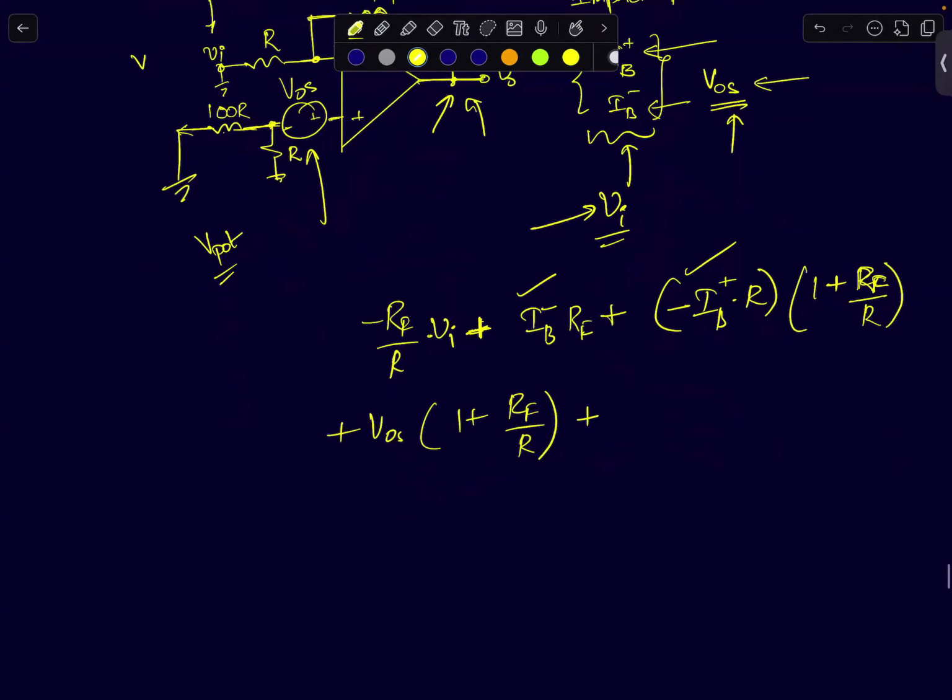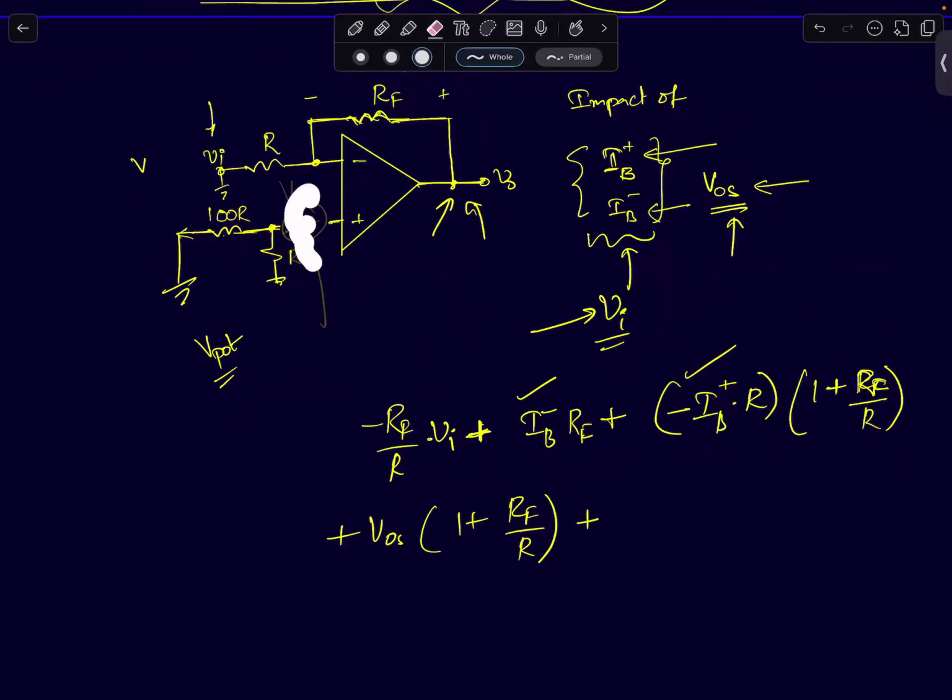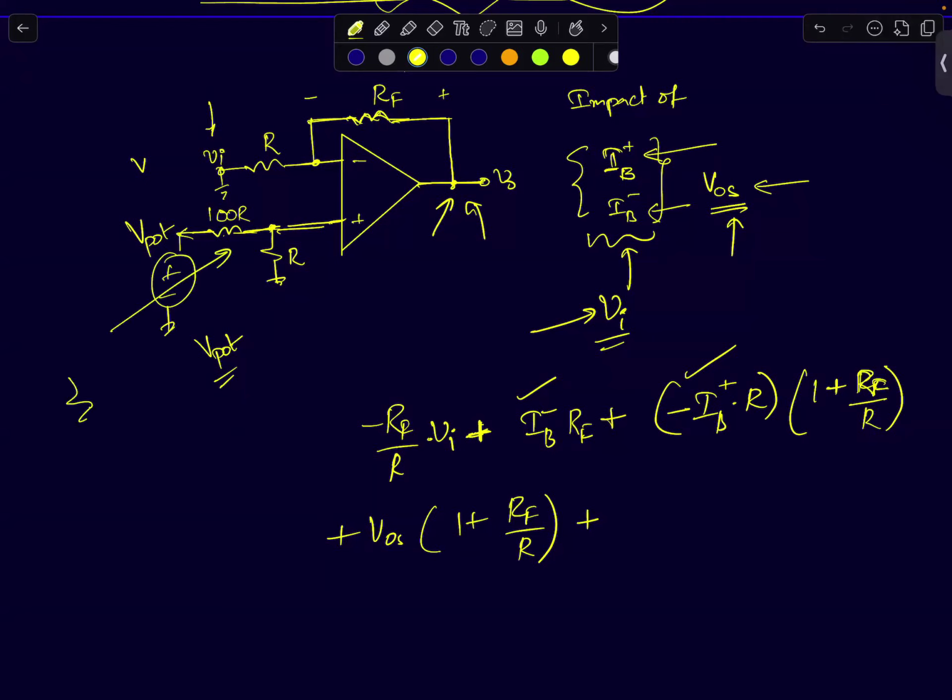Finally, let's include V pot, that is, the potentiometer voltage. So I'm only showing this as V pot now, which is a variable voltage source. Okay, V pot can be treated as a variable voltage source, which you will vary using a potentiometer, with the 3 terminals. So if you consider only V pot present, then V pot undergoes a potential division here when you refer it to this positive terminal.